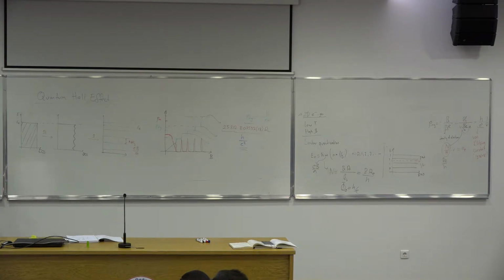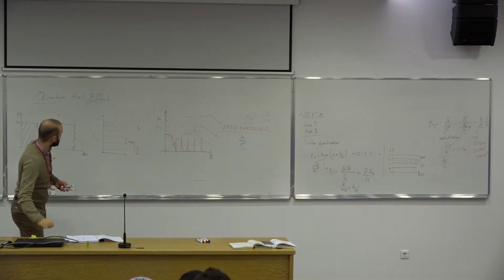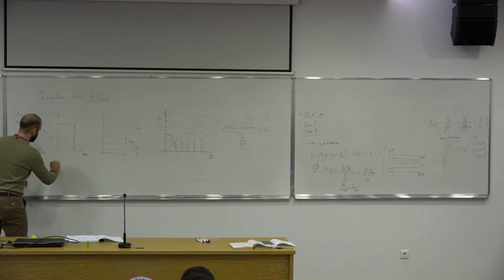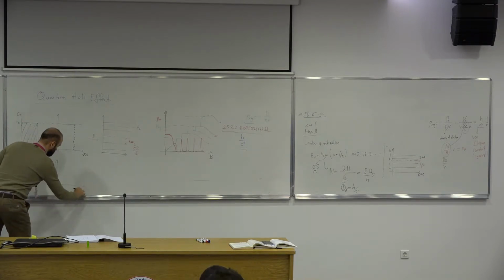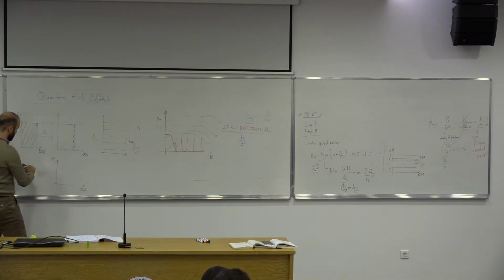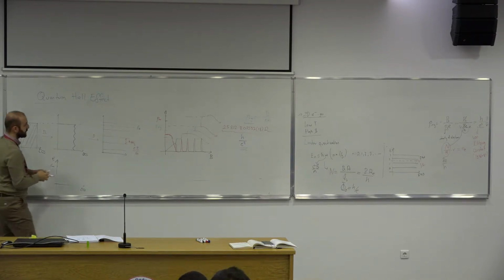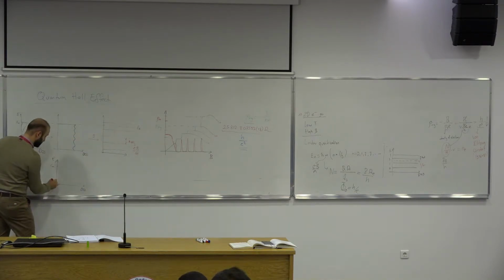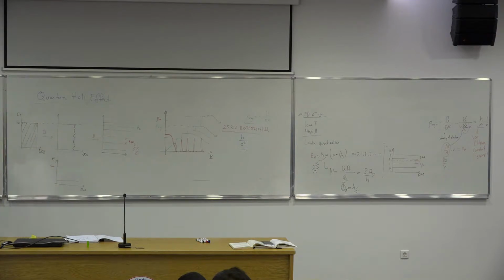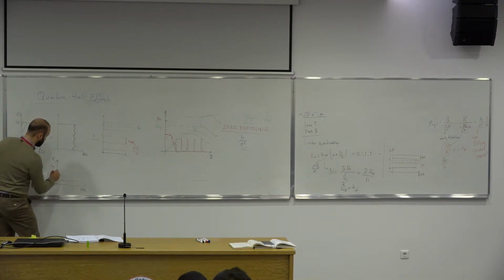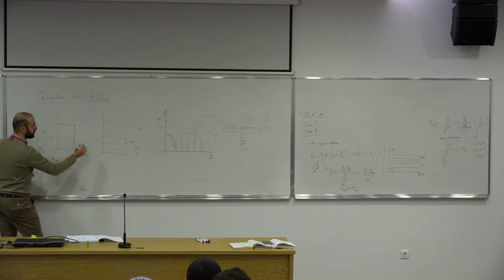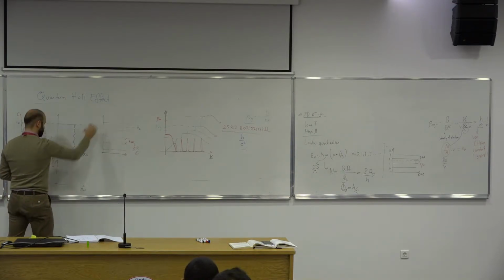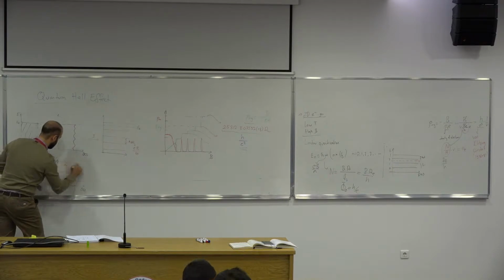Now, as I keep increasing the magnetic field, that's what I'm going to see. So I'll continue from here. This is still my density of states. This is the energy, and this is my Fermi level, okay? Now, let's say I increase the magnetic field in such a way that I double the spacing. So this lowest energy will stay there. Okay, and now since I doubled it, these states will be moved above the Fermi level.